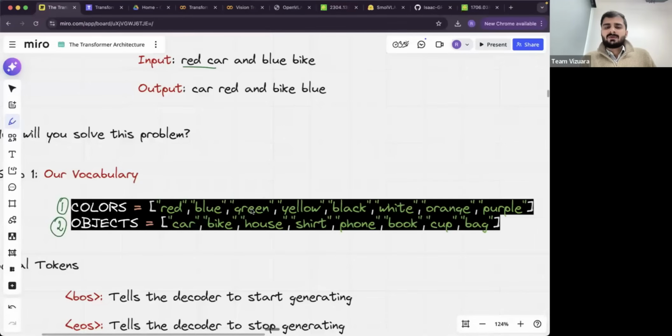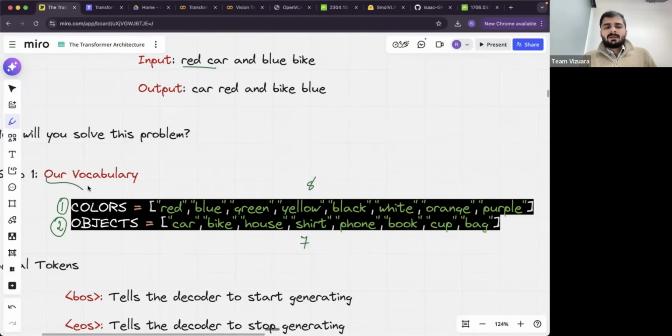So you can see that I have written a total of 8 colors and 7 objects. So the vocabulary is going to consist of only these colors and objects. I'm going to not look at anything beyond this.